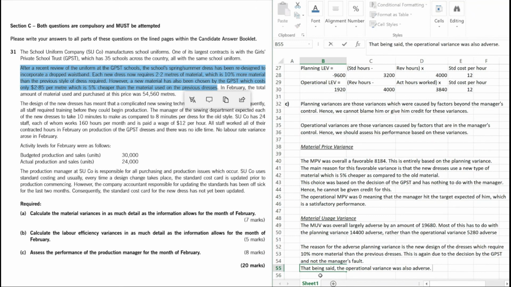So one of the reasons, we don't need to be adamant that this is the correct reason, right? We're not sure, this could be one of the reasons, so we should word it accordingly as well. One of the reasons for this could be that the staff was not too familiar with the new dress design, and made mistakes.